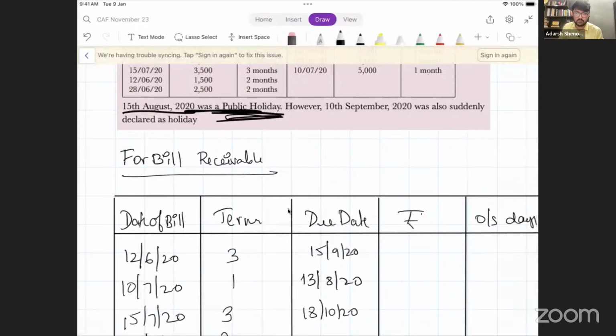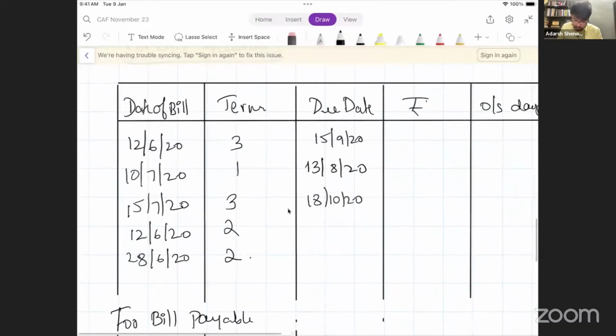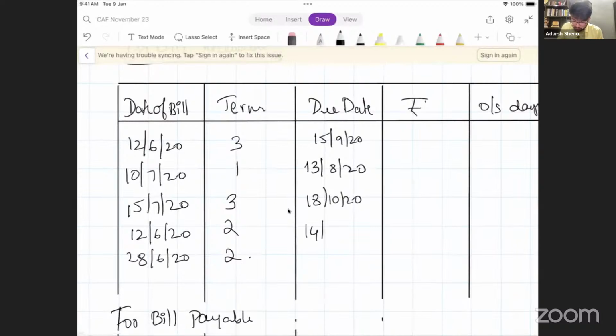They've given it's August 15th, that is Independence Day. So we'll have to take the previous day, 14/8.